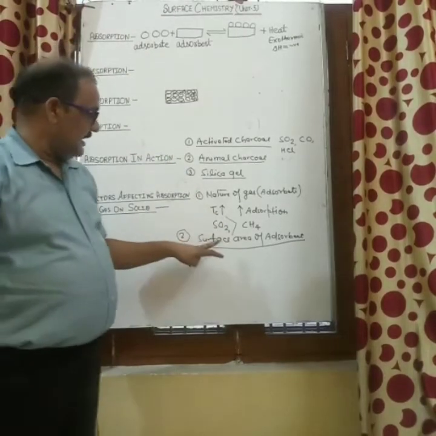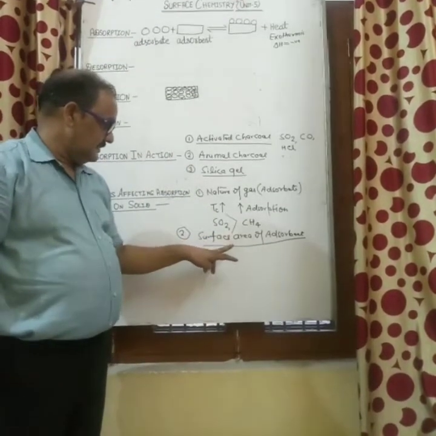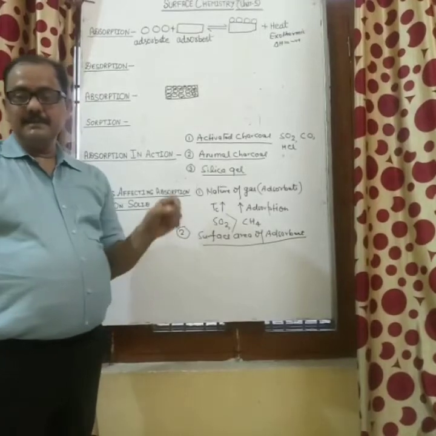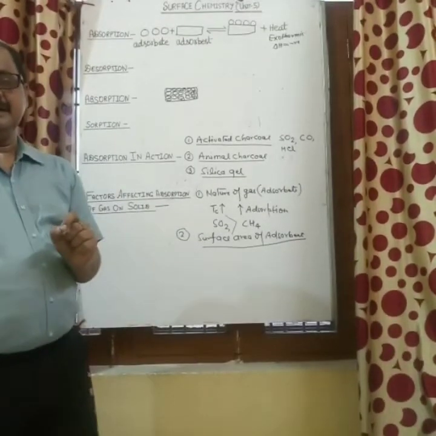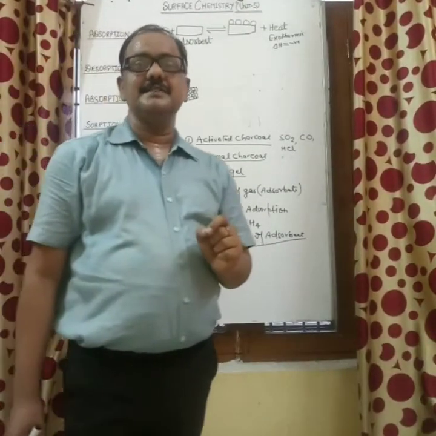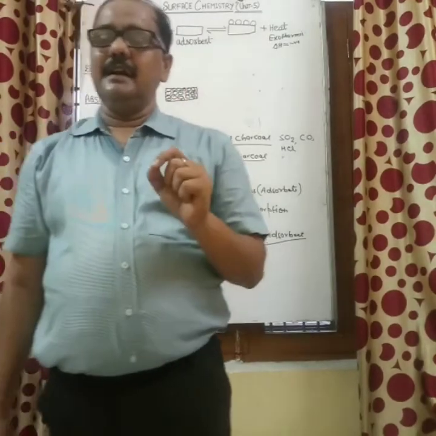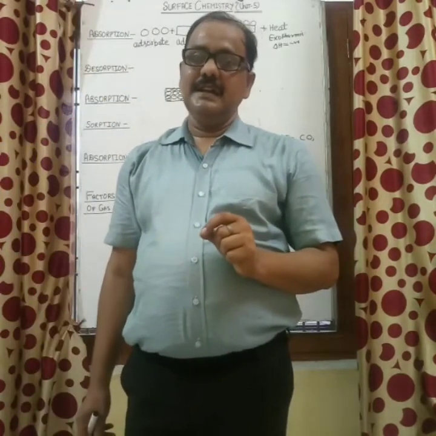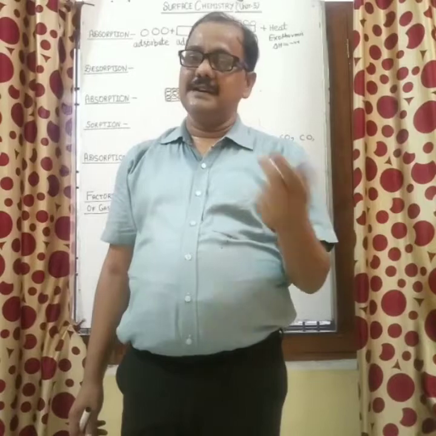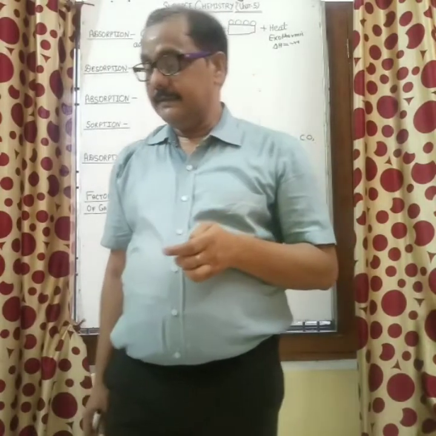Okay, the second factor is the surface area, means it depends on the surface area, and if the surface area is greater, then the rate of adsorption is greater, or extent of the adsorption is also greater.